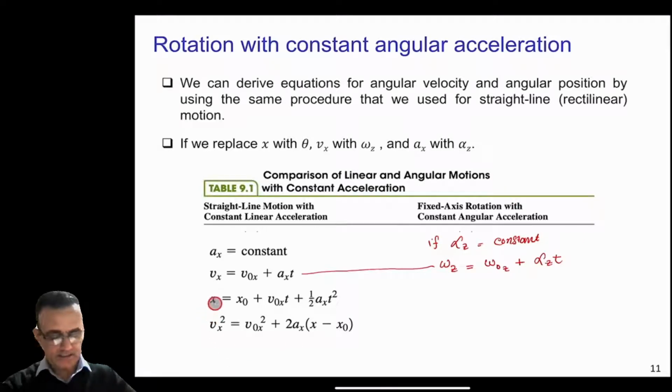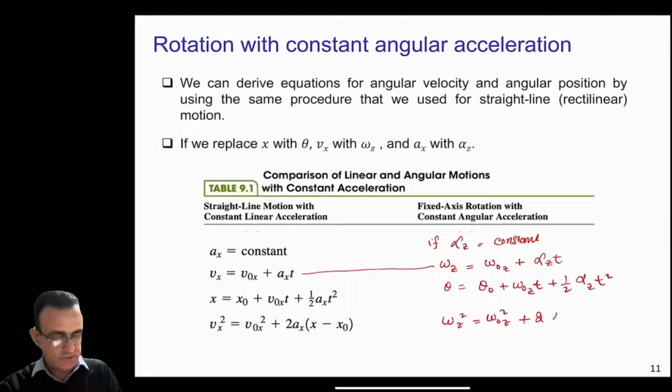Similarly, we will replace x with theta, and that will be theta equal to theta naught plus omega naught z t plus half alpha z t square. And similarly for the final case, we will have omega z square equal to omega naught z square plus 2 alpha z, and then theta minus theta naught.